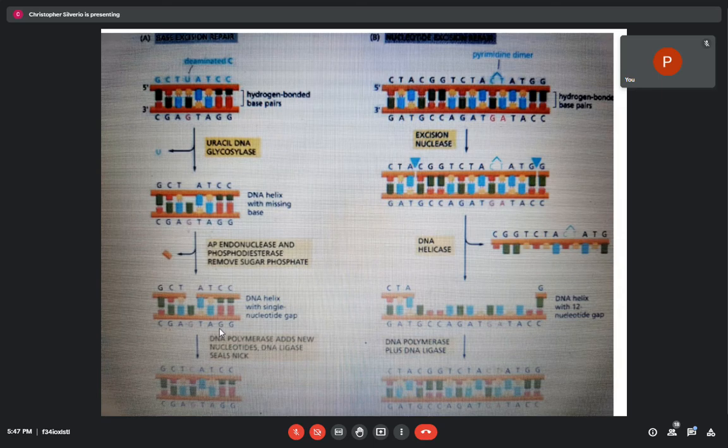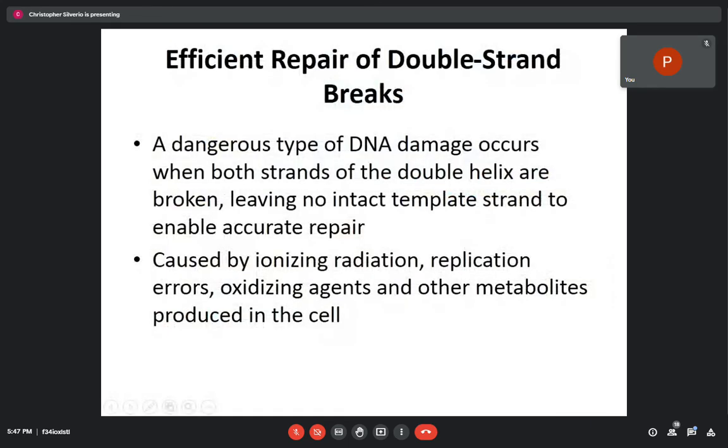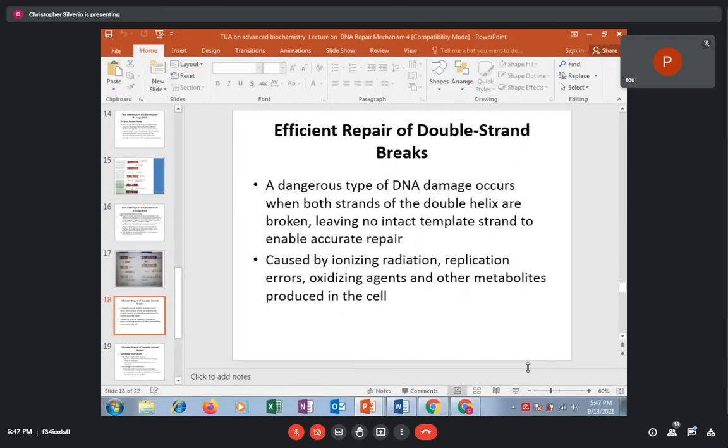Is this included in your assignment? DNA repair mechanism. Have I given you this assignment? Not yet, sir. Is the DNA repair mechanism included in the assignment?